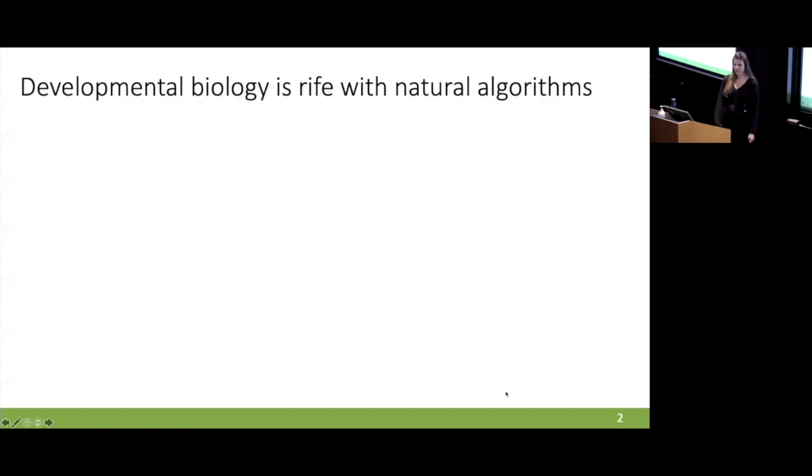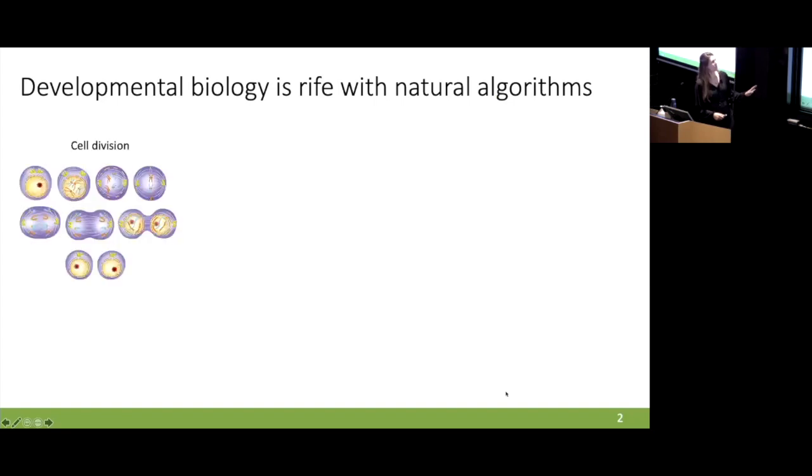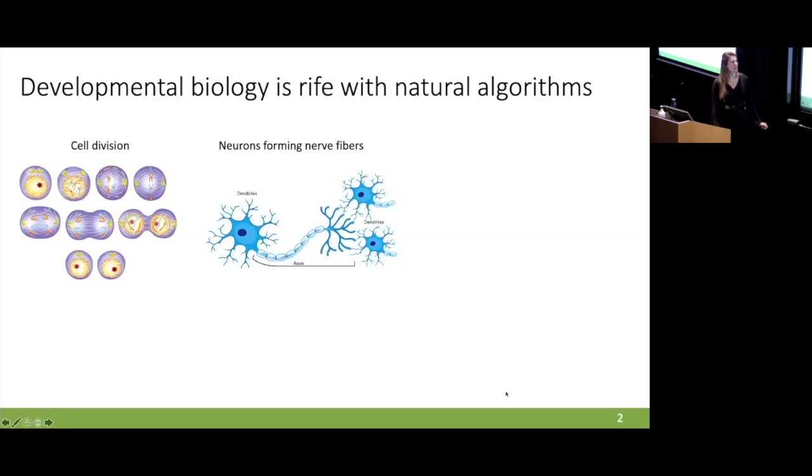So this is a conference on algorithms, and if you want to find algorithms, developmental biology is a great place to look. For instance, when one cell splits into two cells, that's an algorithm from 1 to 2. If you have a bunch of neurons arranged and they form connections to join their neighbors to form nerve fibers, that's an algorithm.